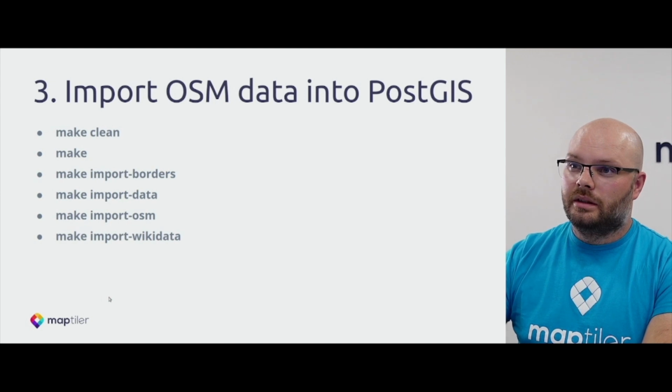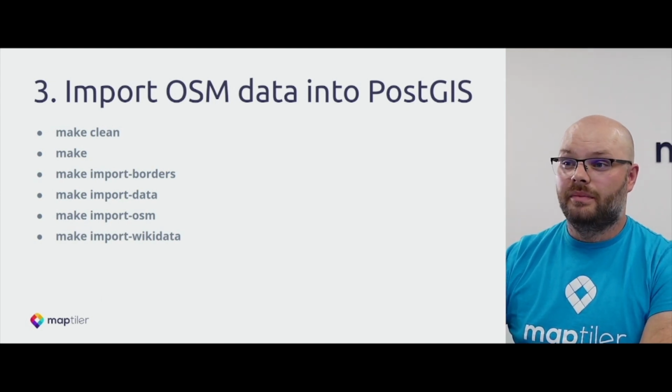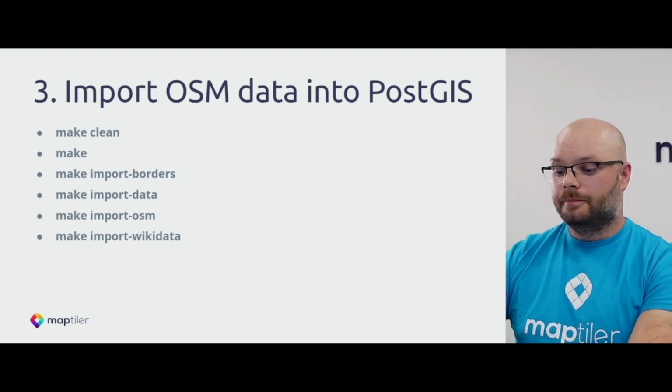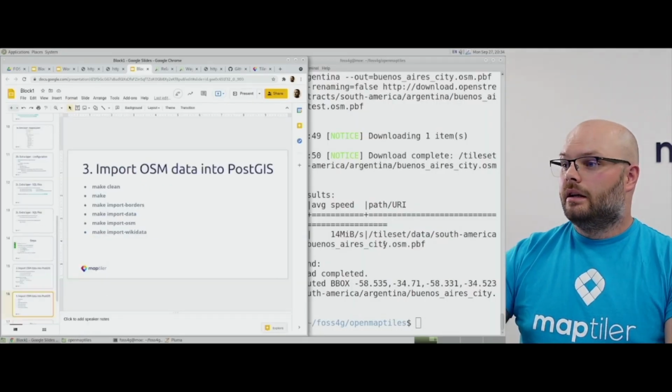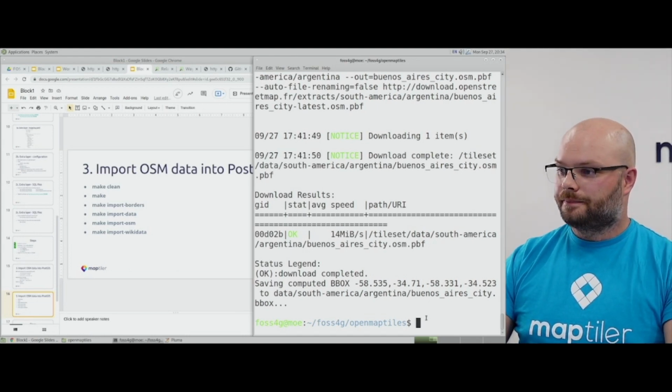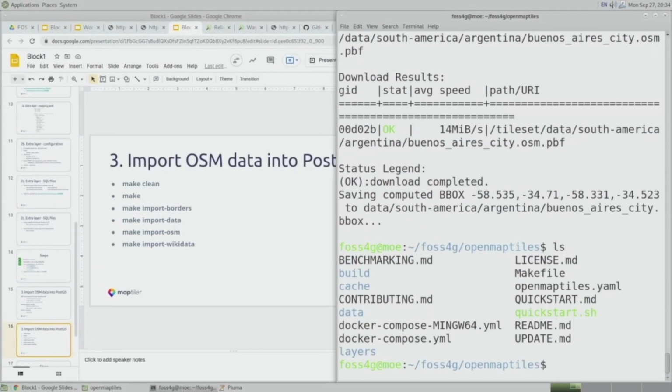So the last step is to import all this data into Postgres. I switch to the terminal. I am in my project. First I will call make clean, which deletes the old files which are not necessary.